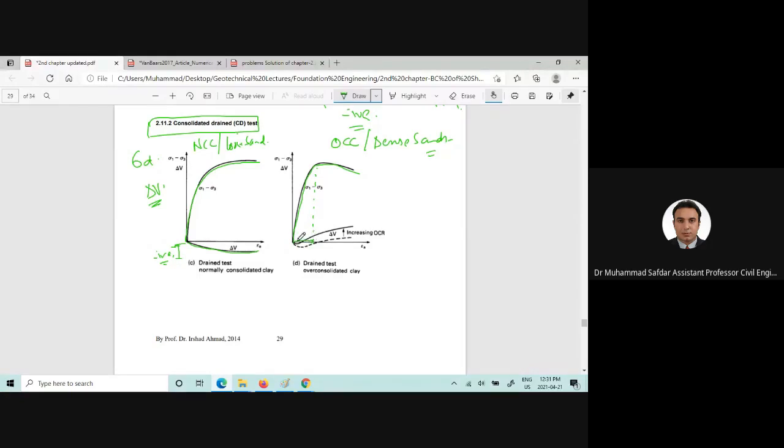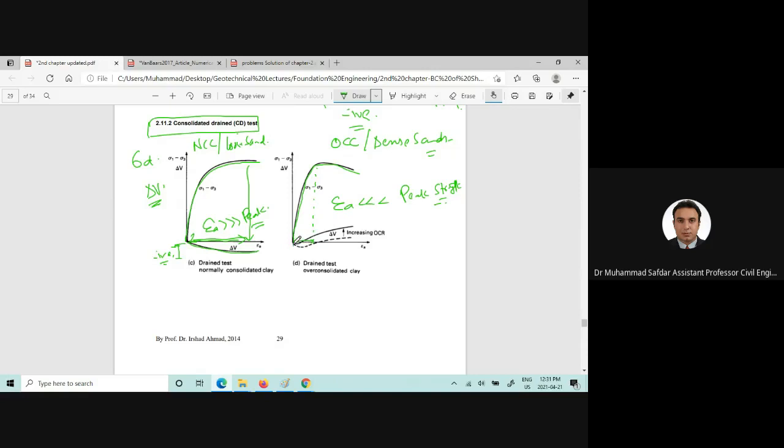You can clearly see here the strains are quite high, or greater, to reach the peak strength. Here the strains are very low to reach the peak strength.